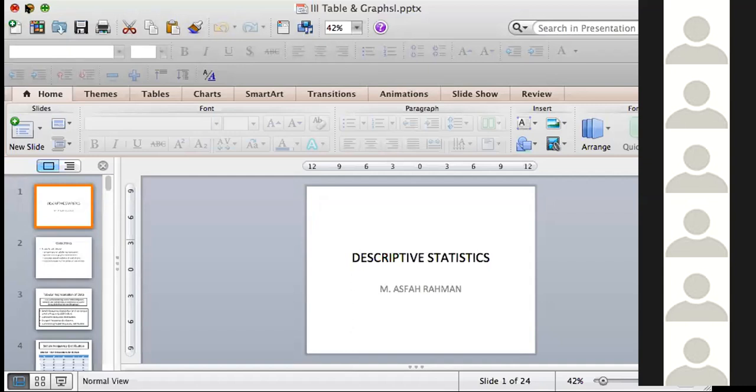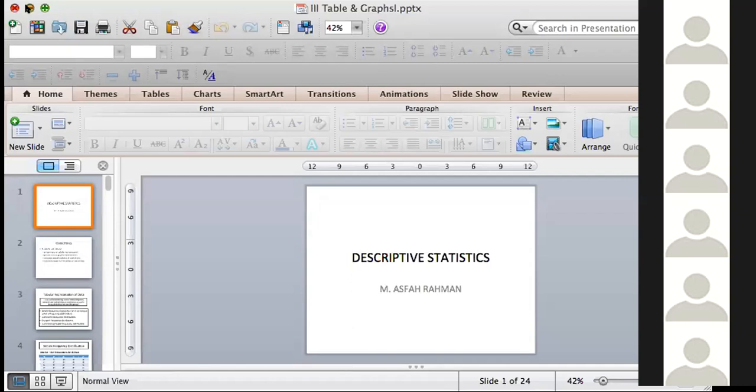And tabular representation has two ways. The first one is simple frequency and percentage distribution, and then simple and cumulative frequency and percentage distribution.